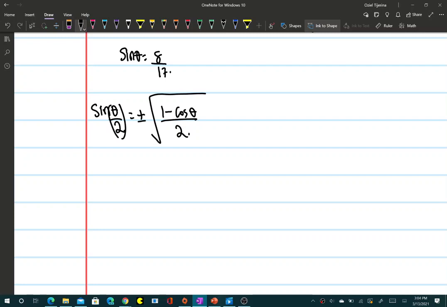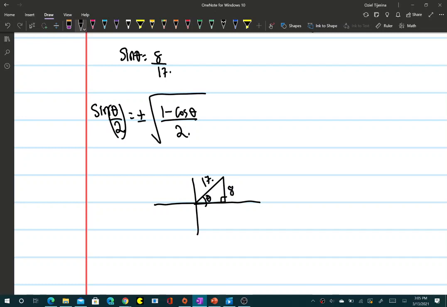Since top and bottom are positive, it's very clear that it's in quadrant 1, because if you think about it, here's your radius, and then this is the right triangle. Here's our theta, and this is 8, opposite over hypotenuse. This is 8 over 17, right?